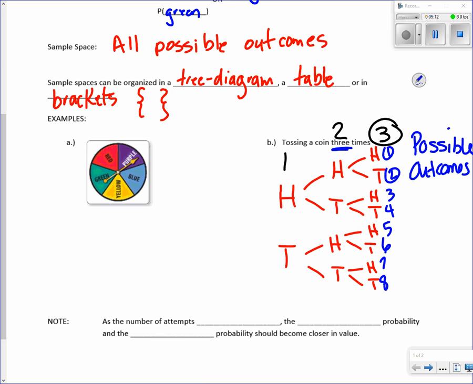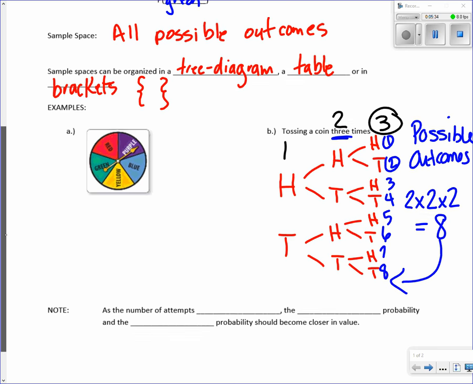Mathematically, what I can do is, if I look at my first time I flip a coin, I have 2 outcomes. The second time I flip a coin, I have 2 outcomes. And the third time I flip a coin, you have 2 outcomes. So 2 times 2 is 4, times 2 is your 8. That 8 matches that 8 that we wrote just from our tree diagram.